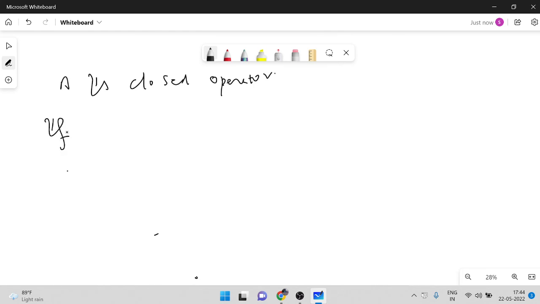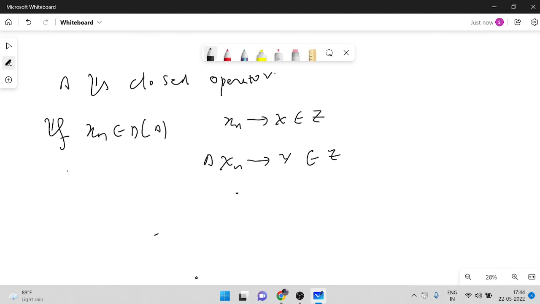If x_n is a sequence in the domain of A such that x_n converges to some x in Z, and A x_n converges to y in Z, then y should be A x and x should belong to the domain of A. This is the definition of a closed operator.